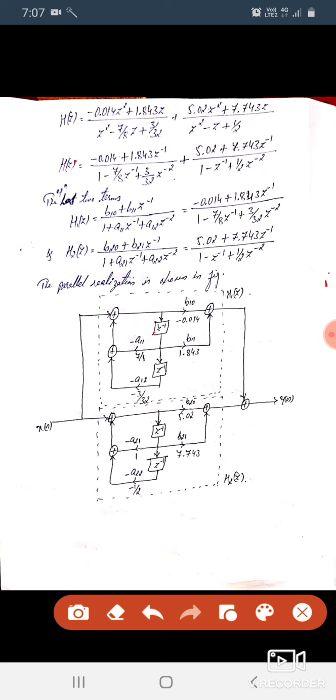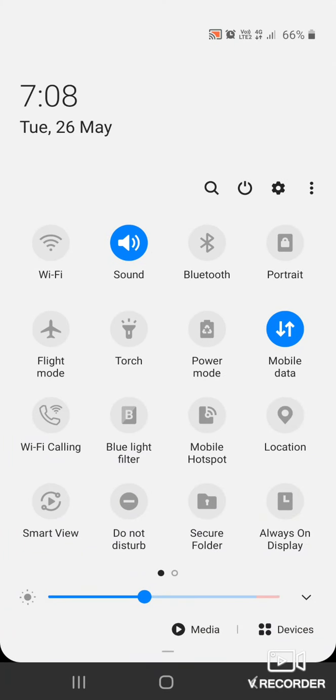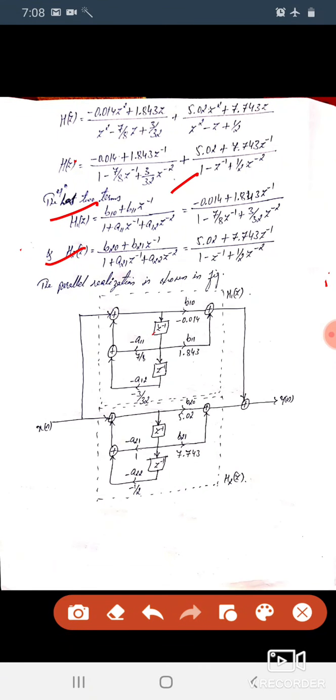Next, we have to consider h1 of z and h2 of z. h1 of z in general form is b10 plus b11 z inverse divided by 1 plus a11 z inverse plus a12 z raised to minus 2. This is the equation. Relate this equation h1 of z with what we have obtained, just compare, and also with h2 of z, which is b20 plus b21 z inverse divided by 1 plus a21 z inverse plus a22 z raised to minus 2.